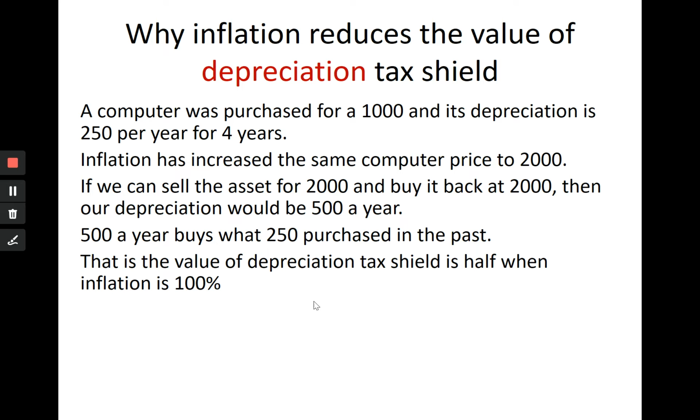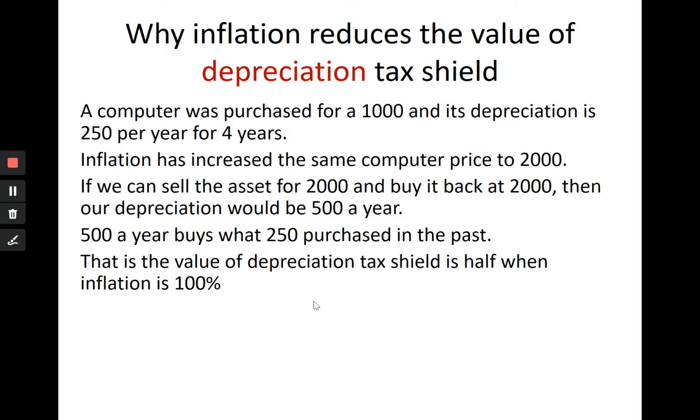So the computer prices after a year go to 2,000. You can sell your computer and purchase a new one for 2,000, or sell the same one and buy it back. Then your depreciation would be 2,000 divided by 4, or 500 a year.